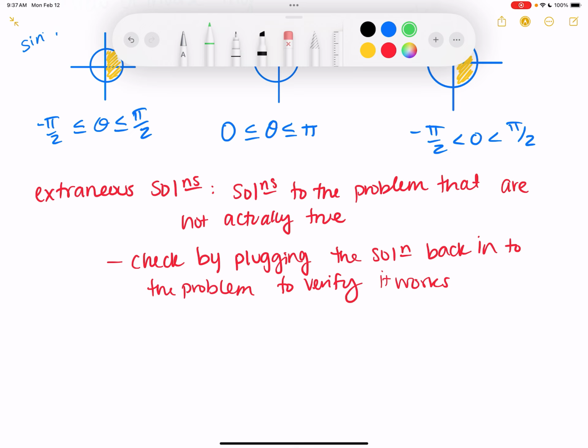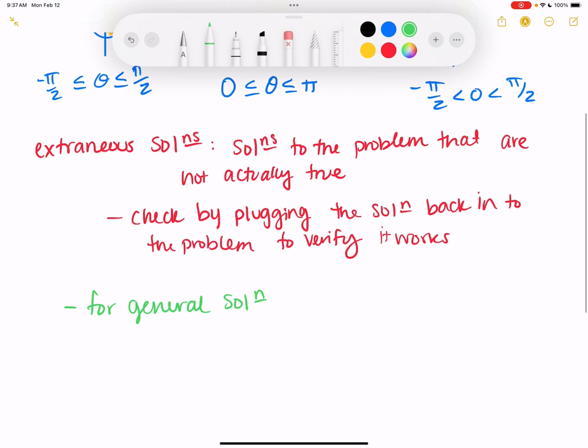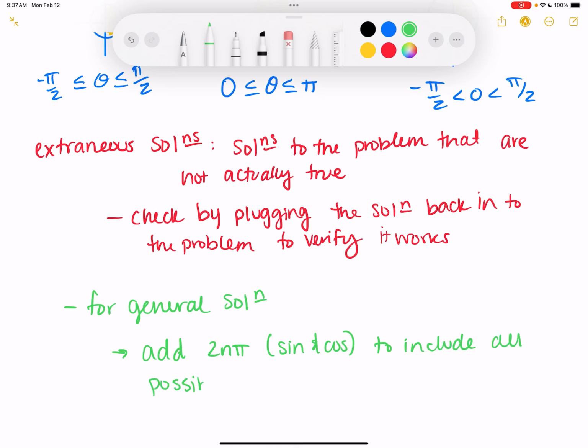But if they say to do the general solution, for general solution, we are going to add 2n pi, this is for sine and cosine, to include all possible solutions because there are infinitely many solutions.